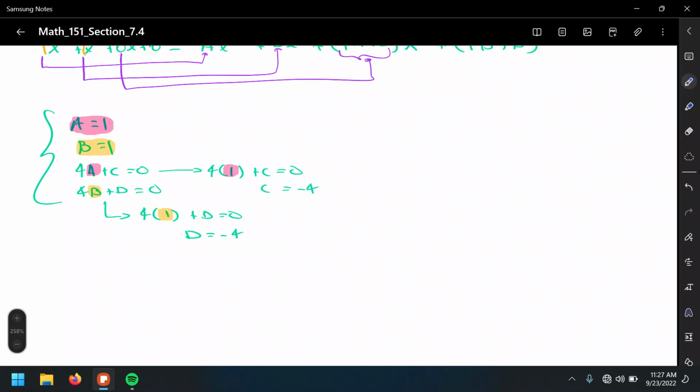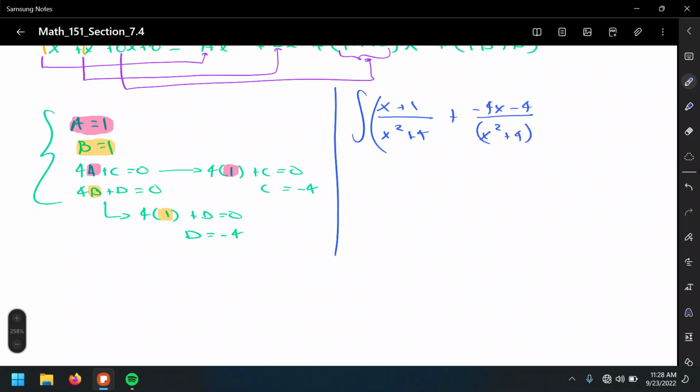So coming back to put in the coefficients a, b, and c, we're going to get the integral of x plus 1, because a and b are 1 and 1, that's basically ax plus b, 1x plus 1, over x squared plus 4, dx, plus negative 4x minus 4 over x squared plus 4, quantity squared, dx.